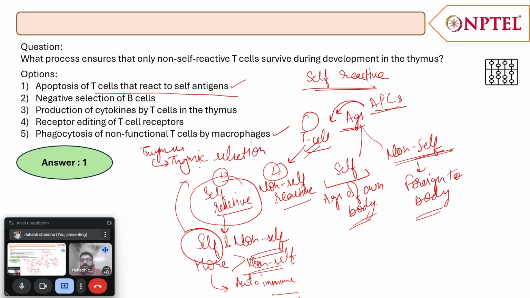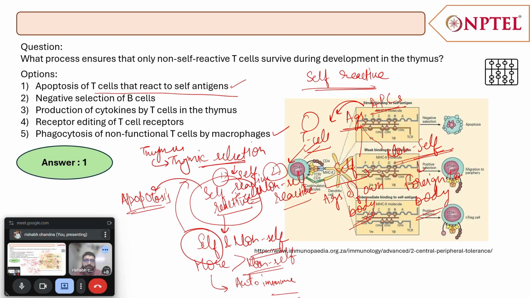This thymic selection basically helps in removing the self-reactive T cells from the body by apoptosis. They generate certain signals so that these self-reactive T cells go into negative selection and die by apoptosis.